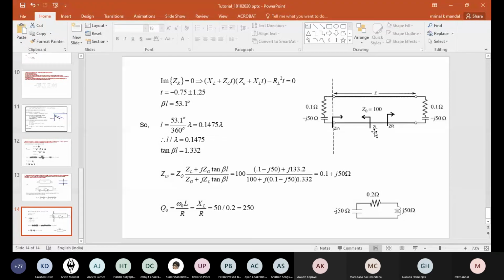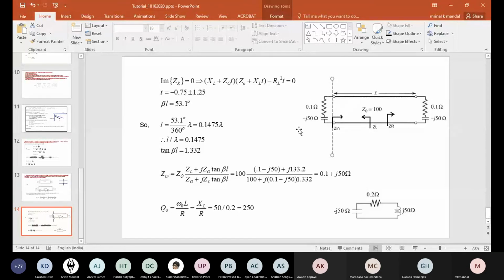For the transmission line, we did not directly derive any expression. But can we use circuit theory concepts here? If I want to use circuit theory concepts here, then we first have to represent it by an equivalent circuit, LCR. So we are considering this one as the reference plane.